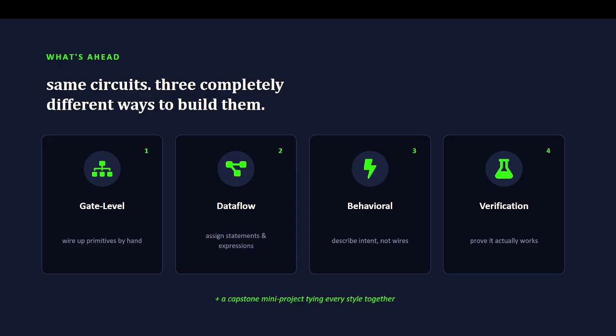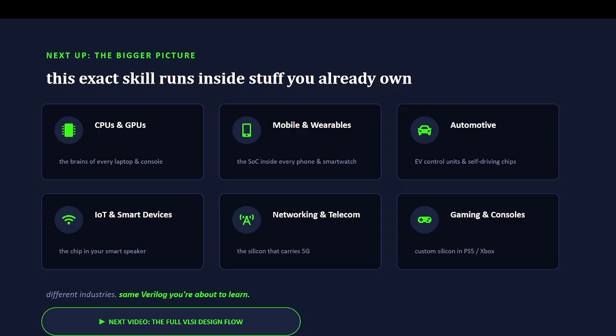Same dish, different level of control versus convenience. That's literally the arc of this whole course. And we close it out with a real mini project where you build and verify something from scratch. So that's it. Gates got you started. HDL is what actually ships.